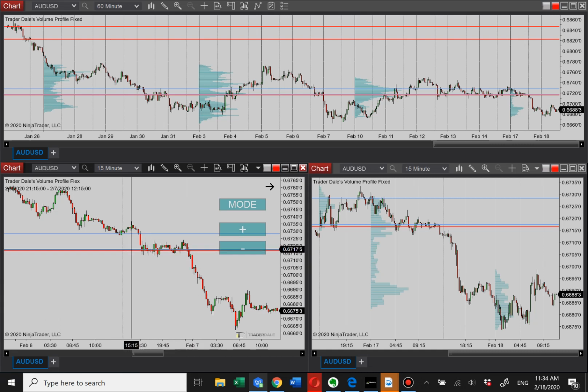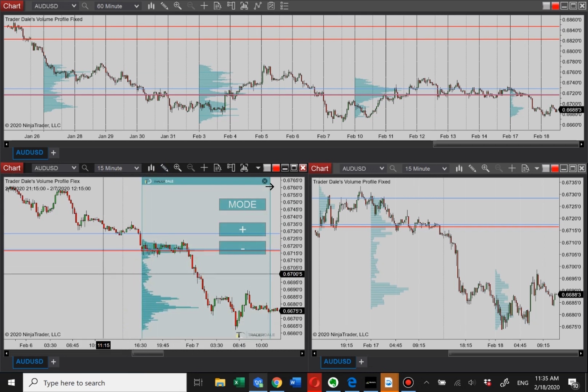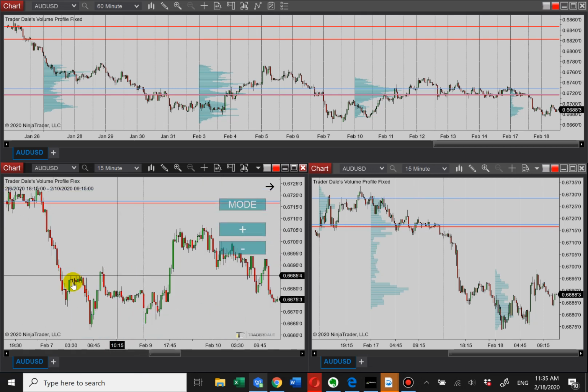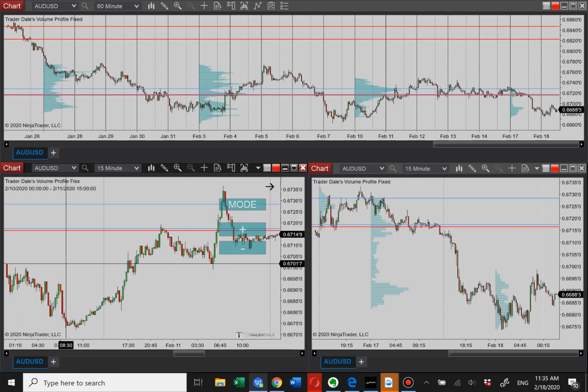So we want to find out which level has the greatest amount of volume and entry, and this blue line was that level. We pinpointed this blue line, and as prices went back up and touched this level, it respected this level and acted as a very strong resistance and pushed the price down by more than 20 pips. So it was a great trade.